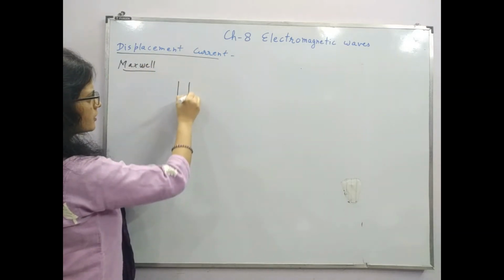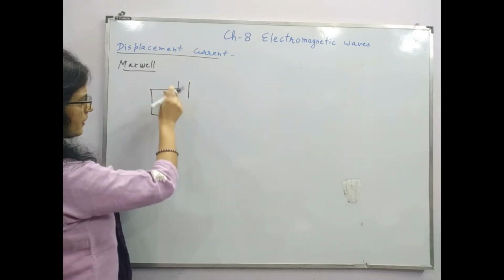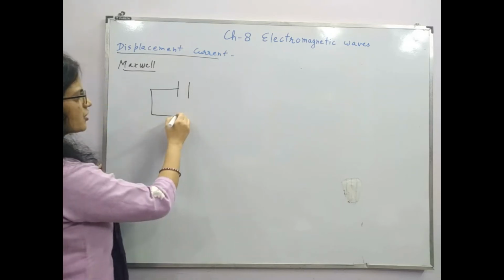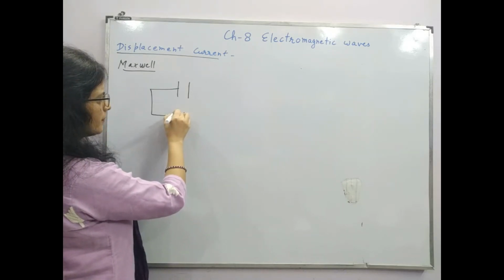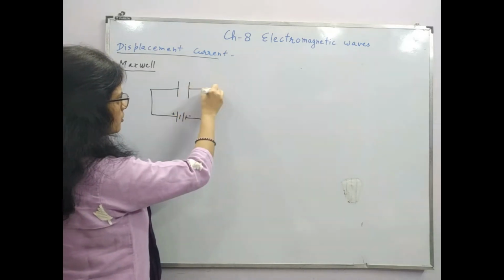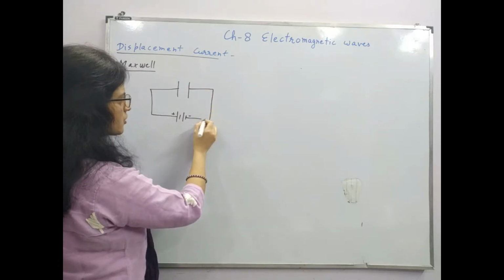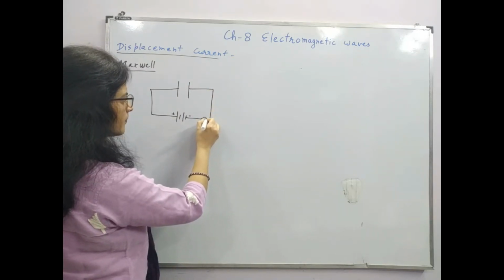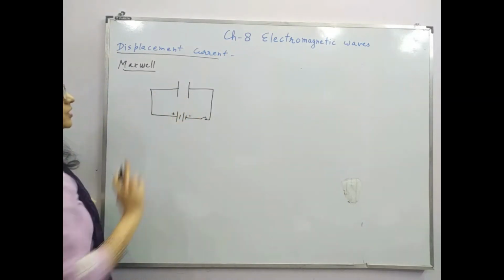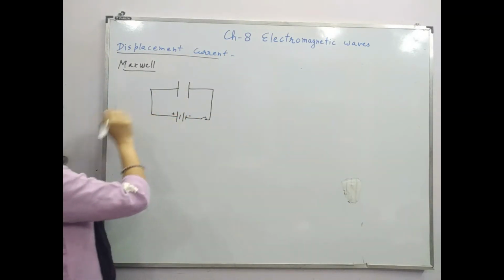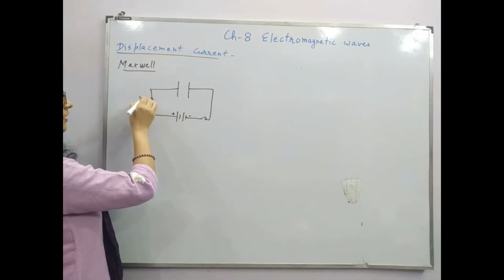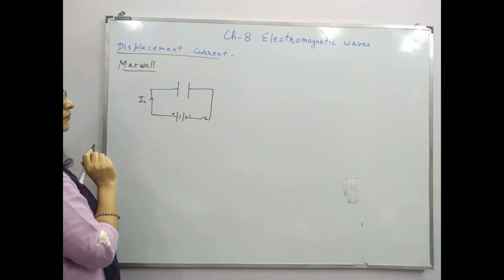The problem was that if this setup was studied where a capacitor is charged by a battery, once the charging starts, the charge starts increasing on the capacitor. This is the current which flows in the circuit.